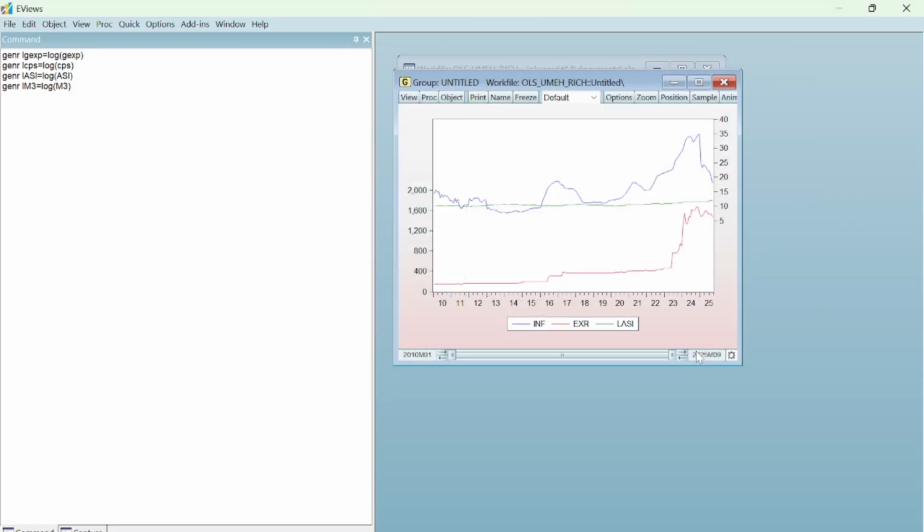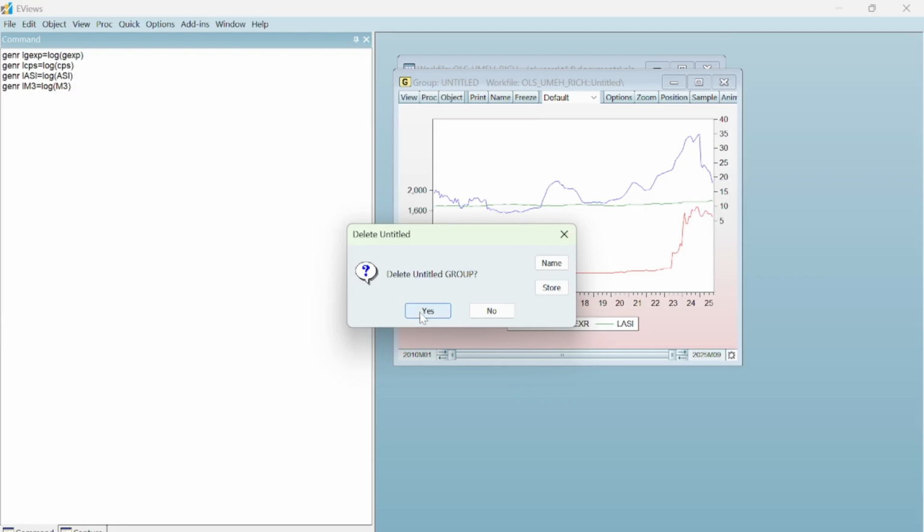So we're able to get something when we plot them in different angles. Looking at inflation, you see that exchange rate actually drives inflation a lot. Okay, let's try another variable.